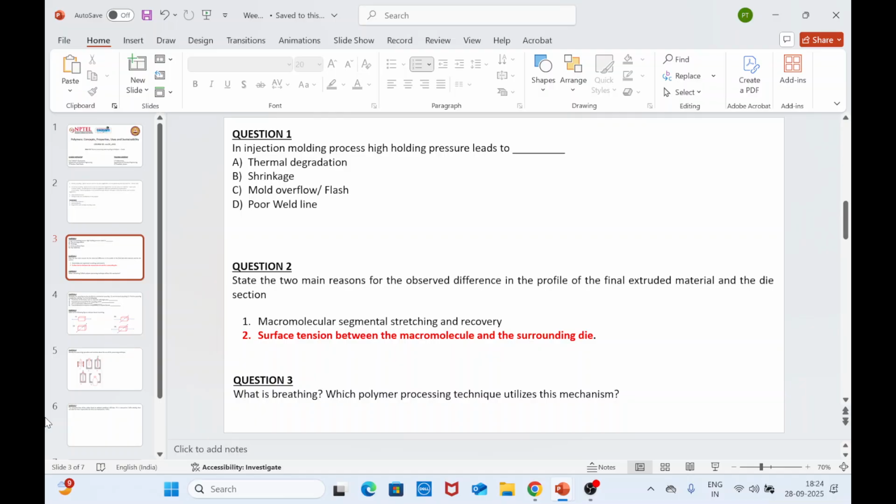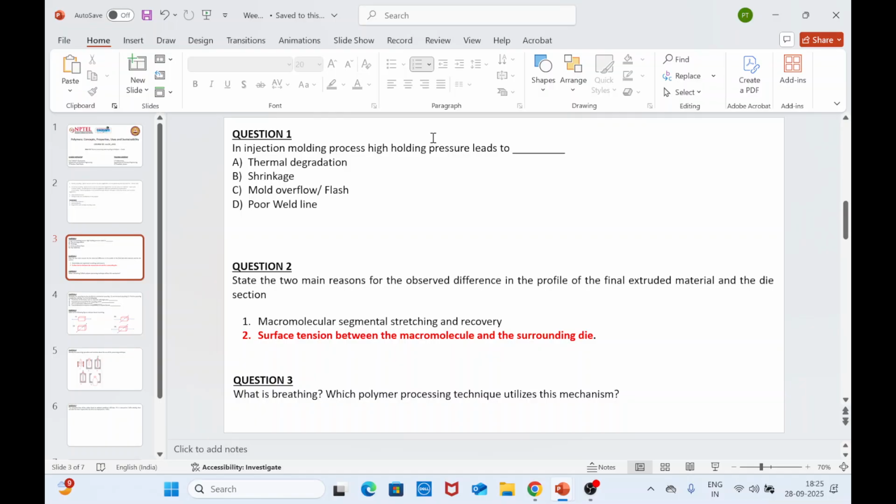Is it thermal degradation? Here we are talking about pressure. Thermal degradation will come if we talk about high temperatures. Shrinkage, okay.